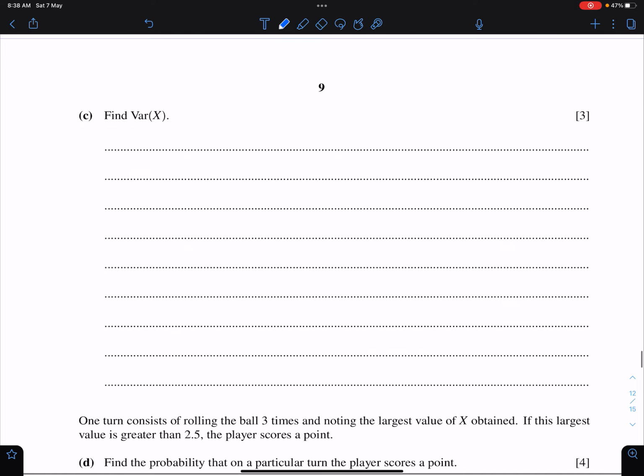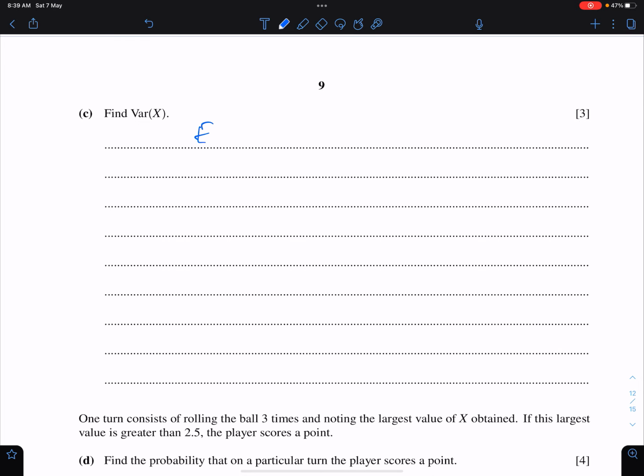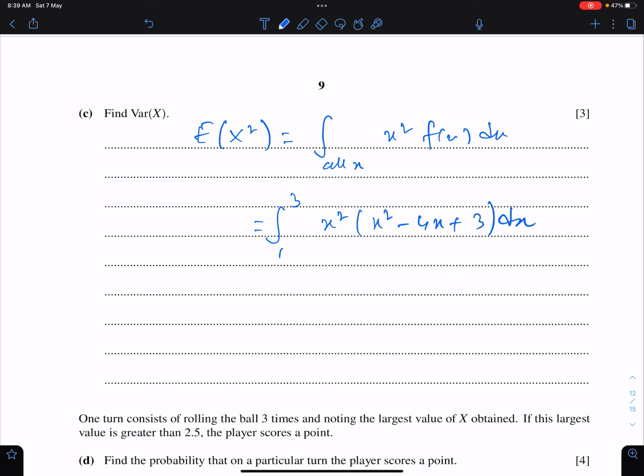Variance. This is also very simple. For variance, first we need E(x squared). The formula of E(x squared) is the integral over all x of x squared f(x). So from 1 to 3 of x squared times (x squared minus 4x plus 3) dx, so x to the power 4, minus 4x cubed, plus 3x squared dx.